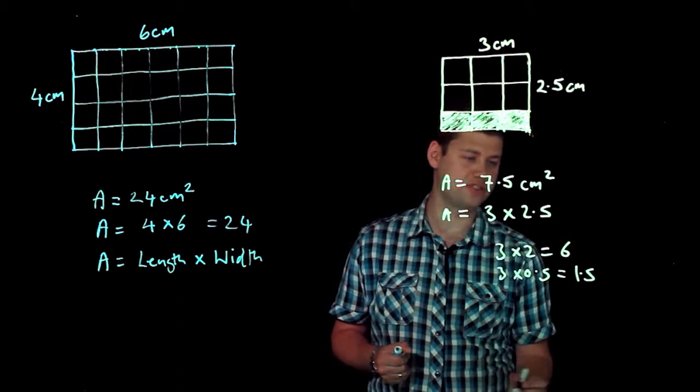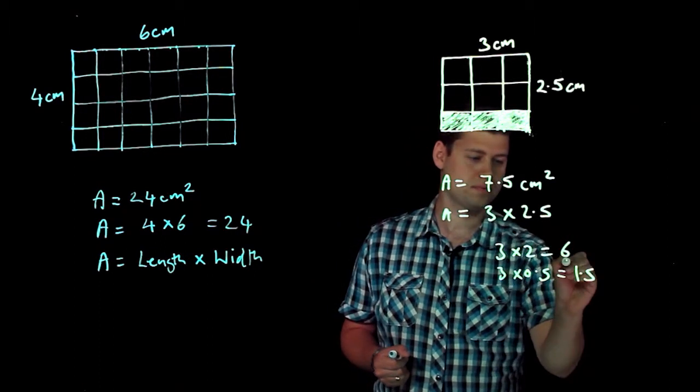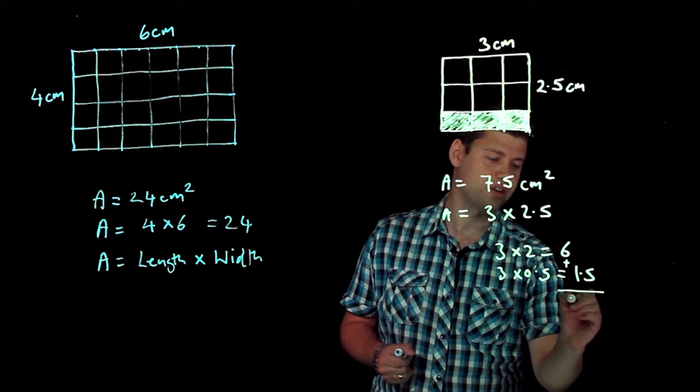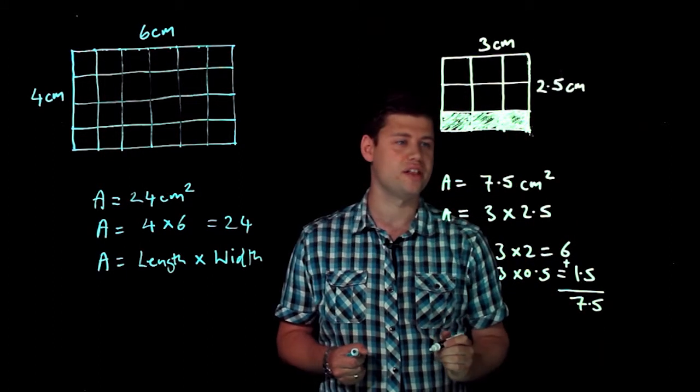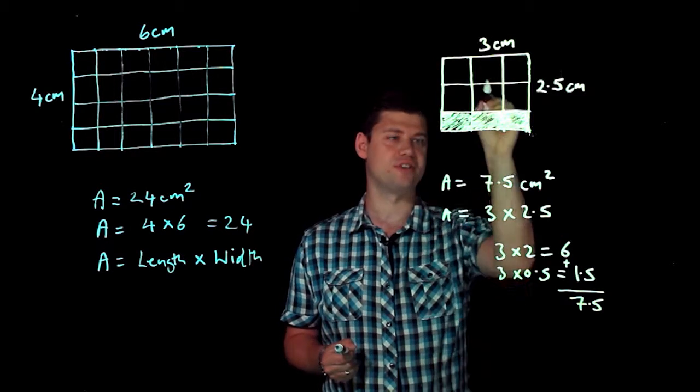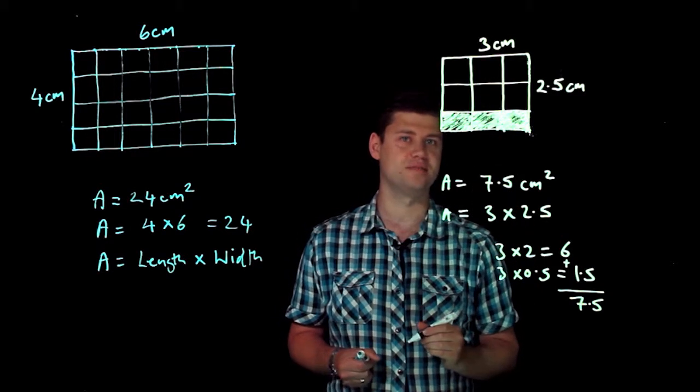So if I add those together, that's going to leave me with 7.5, which, as we've seen already, is the solution for the area of this rectangle here, 7.5 centimetres squared.